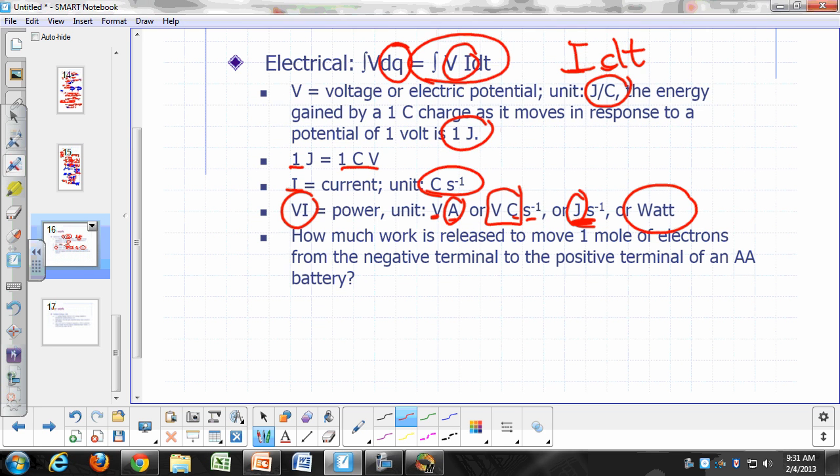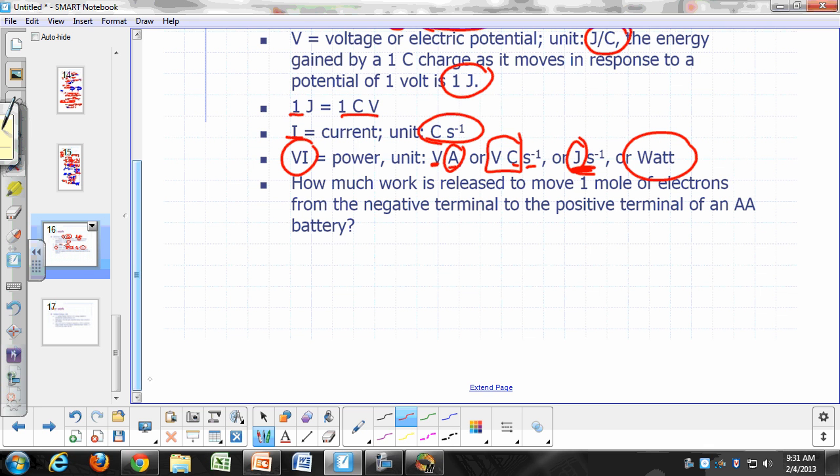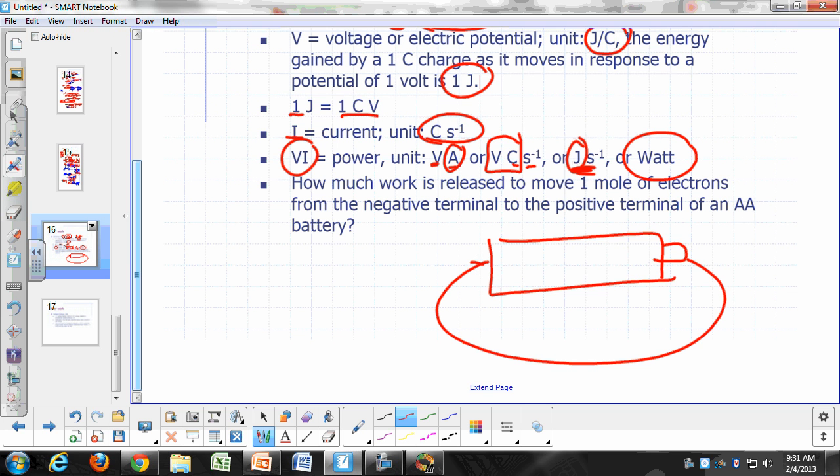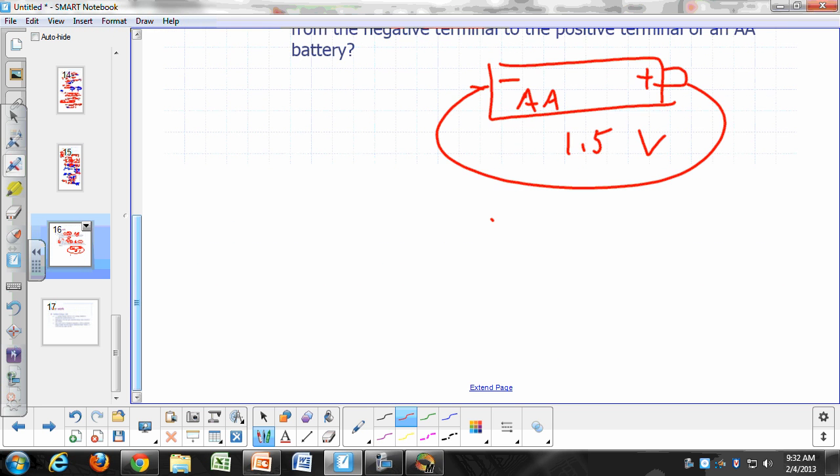Okay, so how much work is released to move 1 mole of electrons from the negative terminal to the positive terminal of an AA battery? What's the voltage across the negative and the positive terminal of a battery? Have you ever seen 1.5 volts? So that means what?